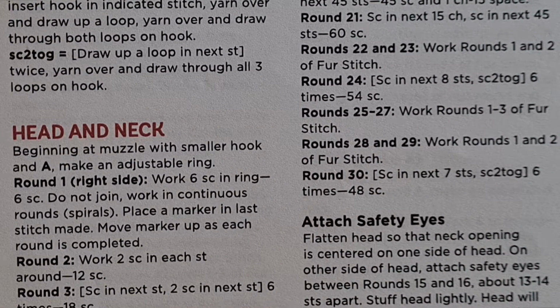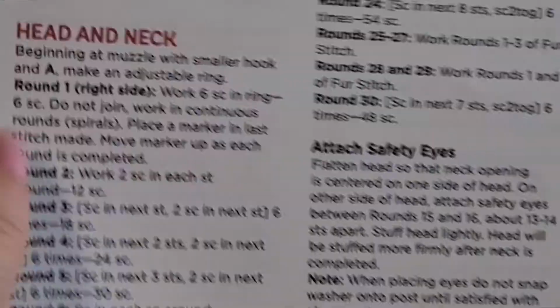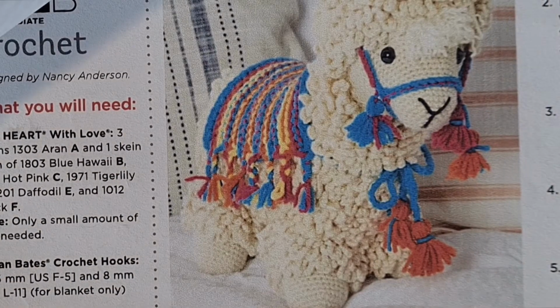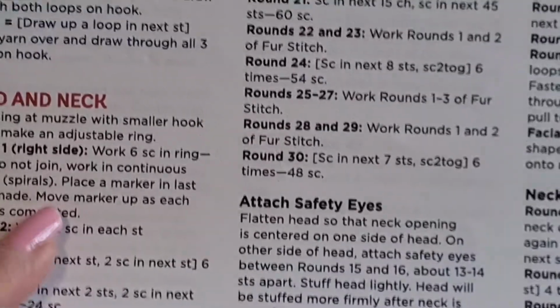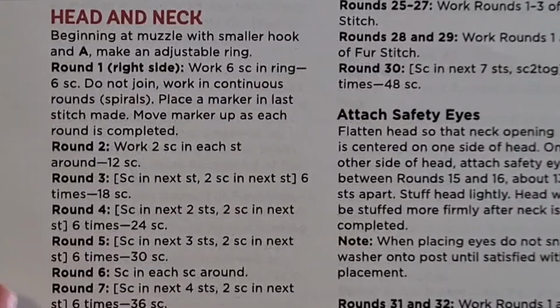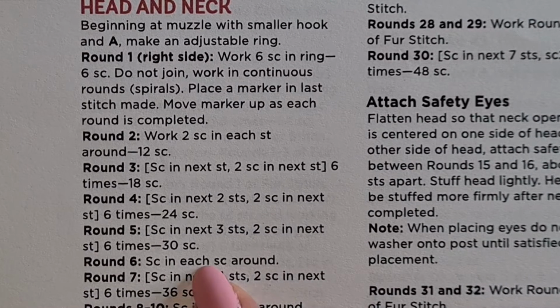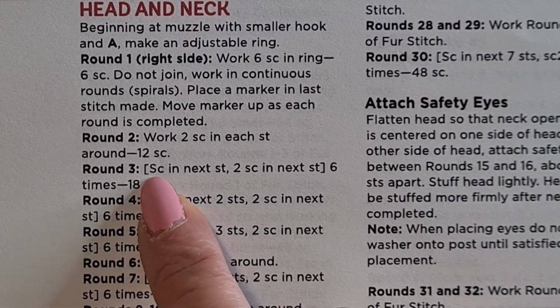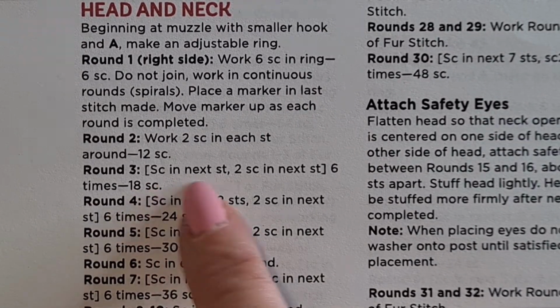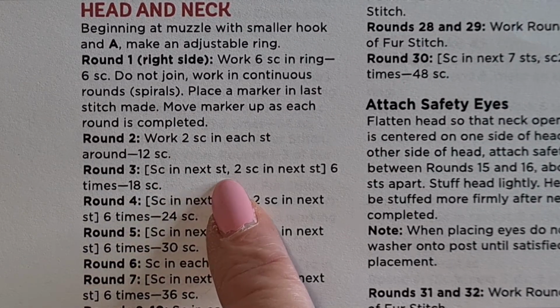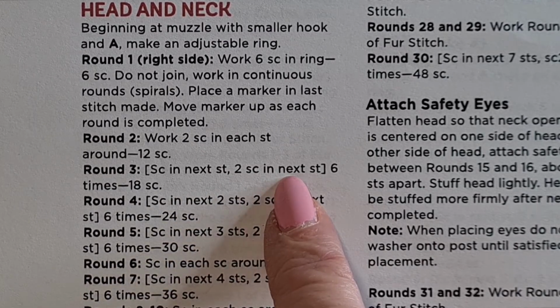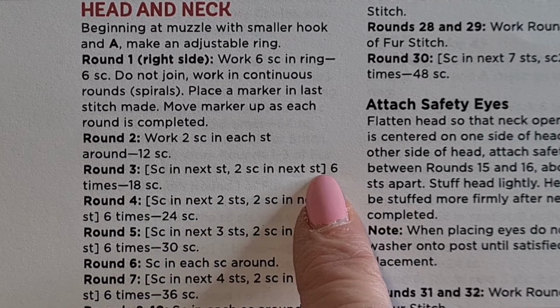So then it will say, this is kind of an amigurumi, so it is made in continuous rounds, but hopefully you can read this. Round 3, single crochet in the next stitch, 2 single crochets in the next stitch, 6 times.